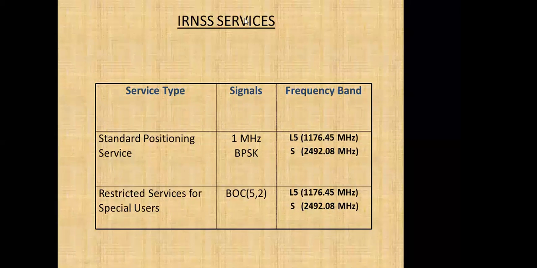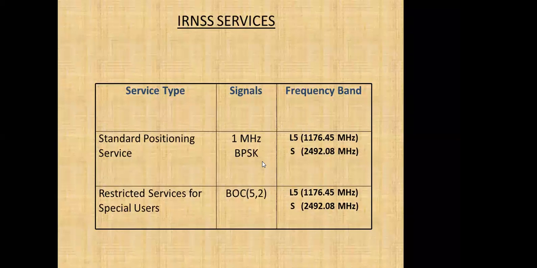So IRNSS is also providing 2 types of service. One is the standard positioning service, in which we have a signal with a chip rate of 1 megachip. It is just similar to the GPS signal. Then there is a restricted service which is dedicated for military users.